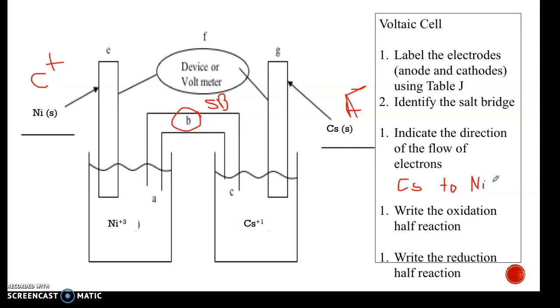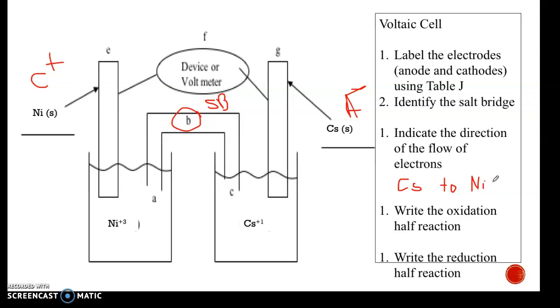The next part asks us to write the half reaction for oxidation and the half reaction for reduction. Perfectly fine, but we need to know where that is happening. So, remember, an ox, red cat, meaning the anode is where oxidation takes place and reduction takes place at the cathode.